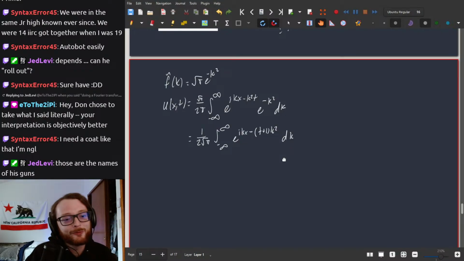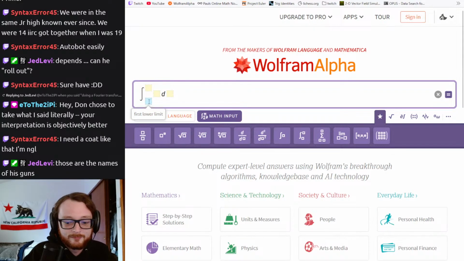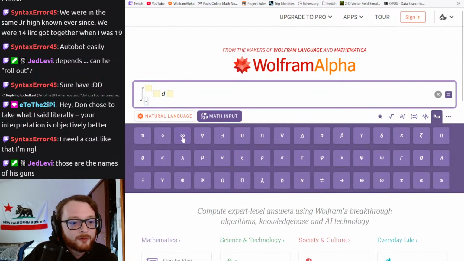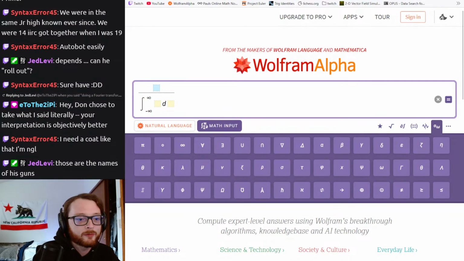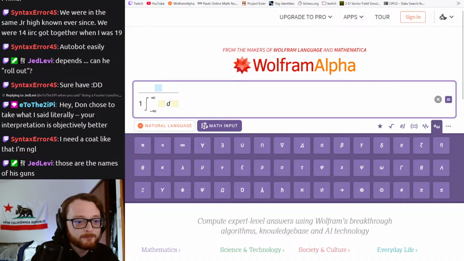Does Wolfram Alpha know how to do this integral? Let's find out. Minus infinity to infinity. No, bad. No, wait, no. I should have done this differently.